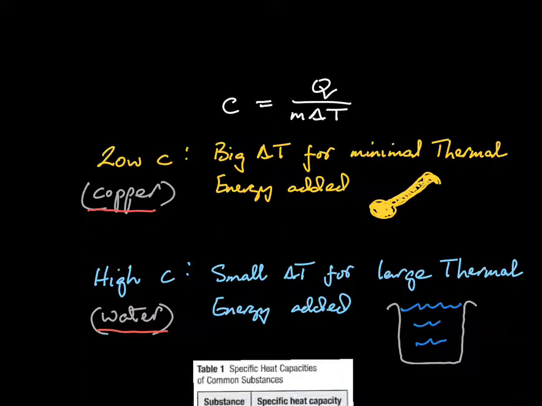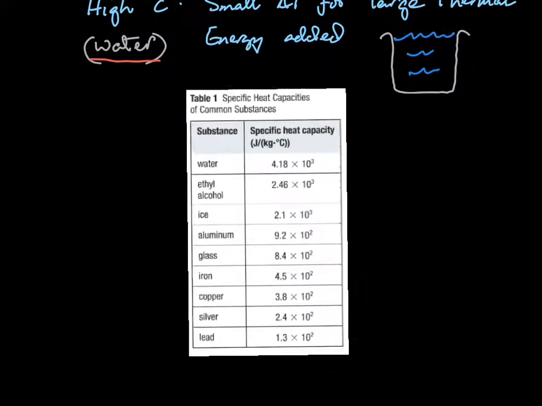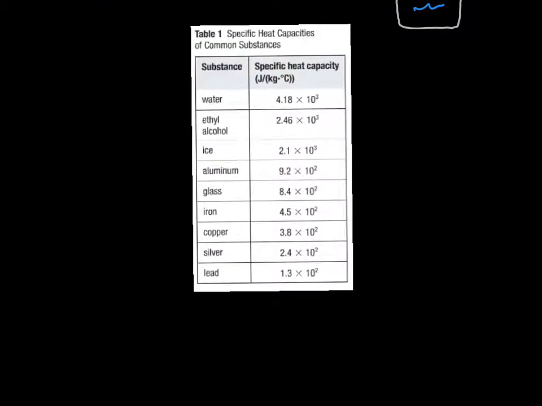And this is why the fishies in Lake Ontario do not fry to death in the summertime, because the water is protecting them. It doesn't increase in temperature in a major way, even though the thermal energy from the sun is quite large. So different materials have different specific heat capacities, and the two that we've already highlighted are copper and water.